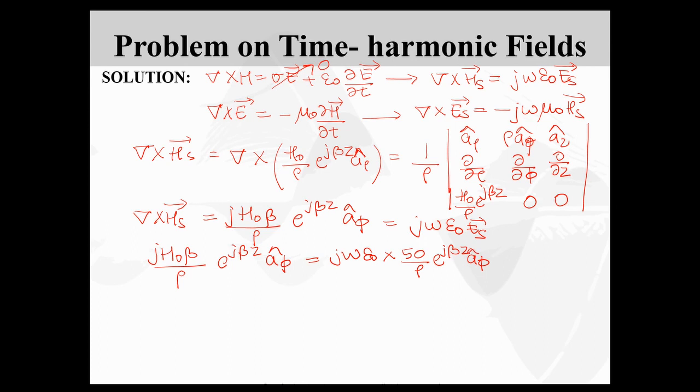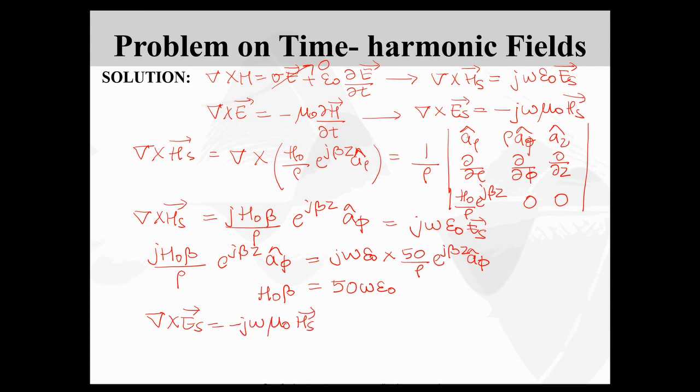So equating the left hand side with the right hand side, we are going to get h naught times beta is equal to 50 times omega epsilon naught. Similarly, applying del cross Es is equal to minus j omega mu naught into Hs.